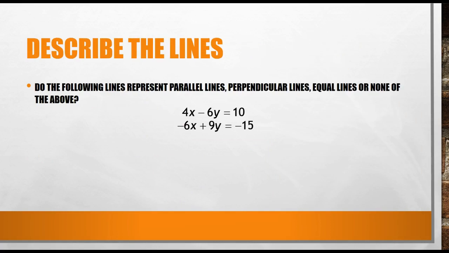Now, when we are comparing two lines without a grid, to approach this problem, I think the easiest thing to do is just to rewrite them in slope-intercept form. So let's take a look at each of these lines, and I'm going to manipulate them so that they're in the form y equals mx plus b.